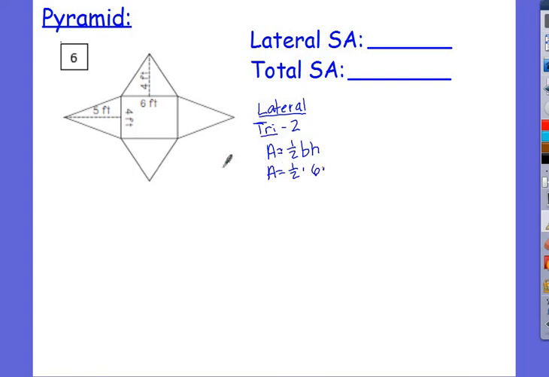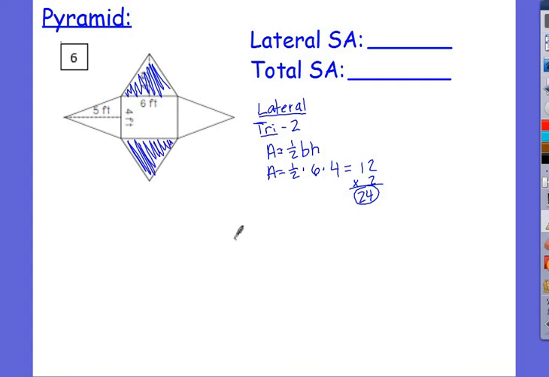What is its height? 4. What is 4 times 6? 24. Half of 24 is 12. How many sets of these triangles do I need? 2. So the area of those 2 triangles is 24. So far, I painted that triangle, and I painted that triangle.